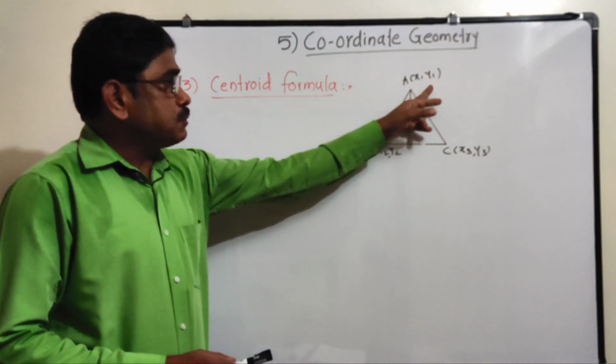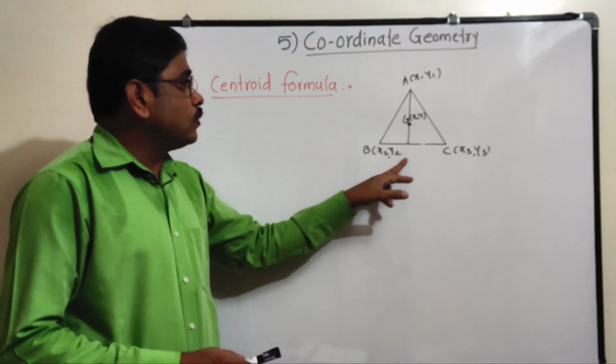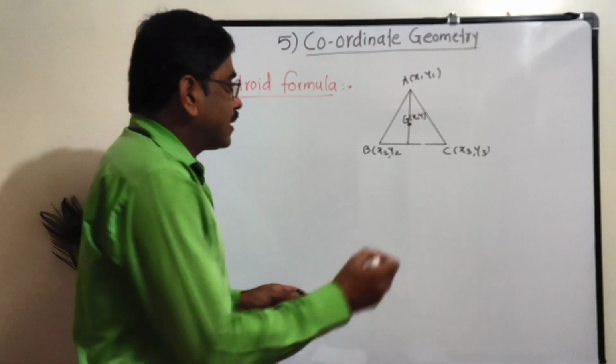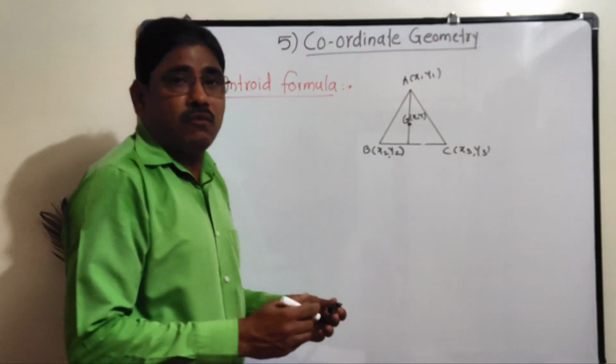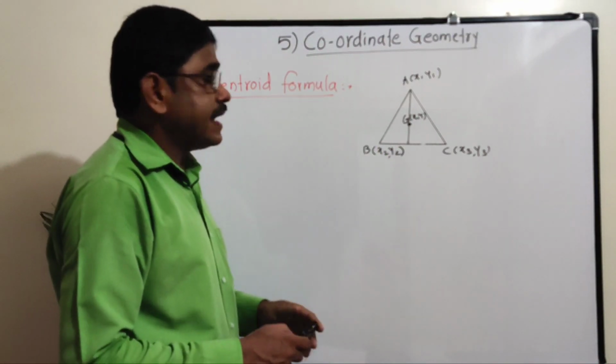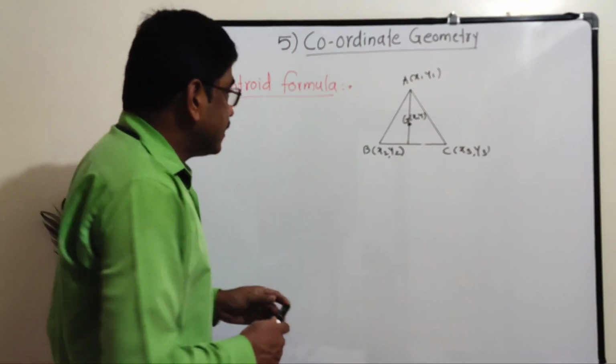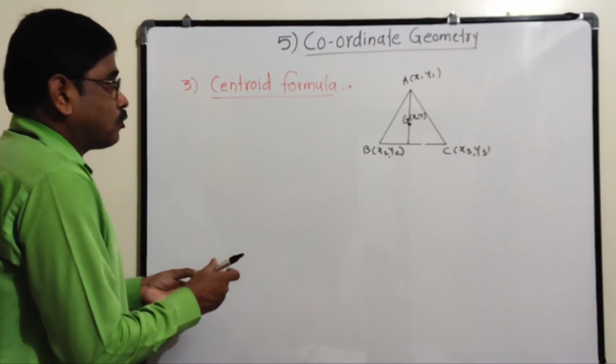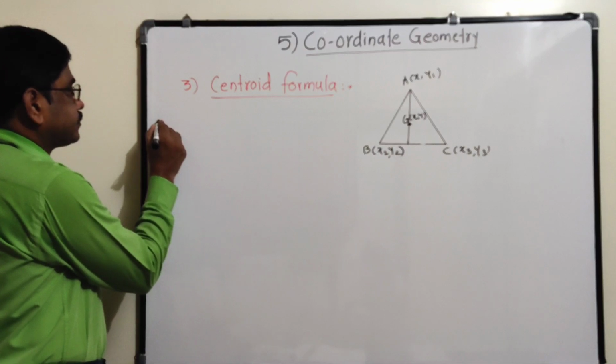If A (x1, y1), B (x2, y2) and C (x3, y3) are the coordinates of the vertices of a triangle, and G (x, y) is the centroid, then we get by the centroid formula the coordinates of the centroid. So how can we write?